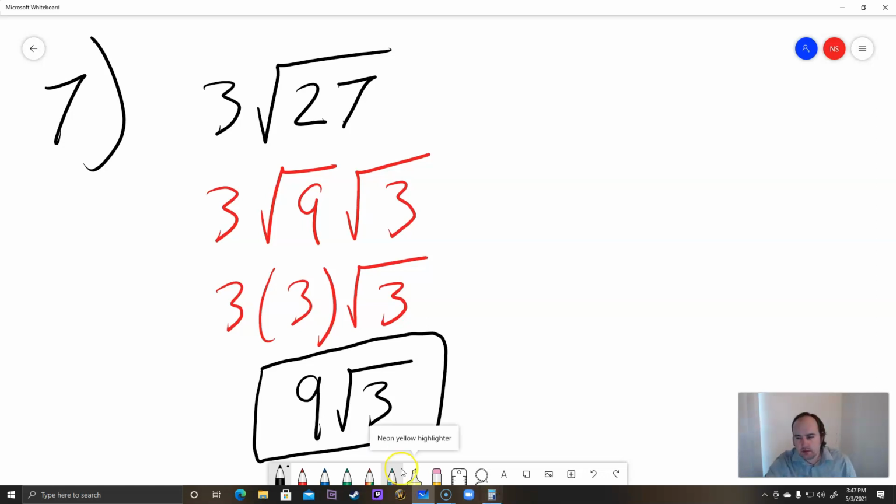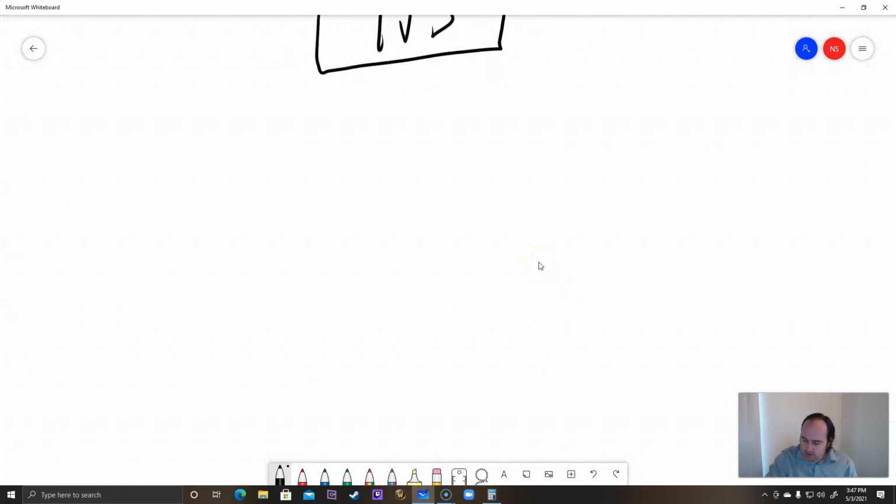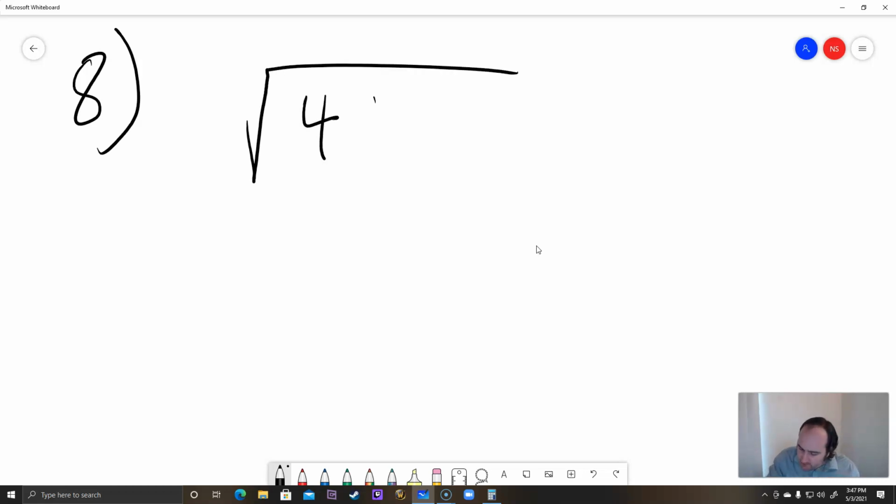Okay, so let's go on to example number 8. There's some new tricks to learn in example number 8. So for example number 8, they start throwing in a variable again. So for number 8, we have the square root of 49 x to the 9.